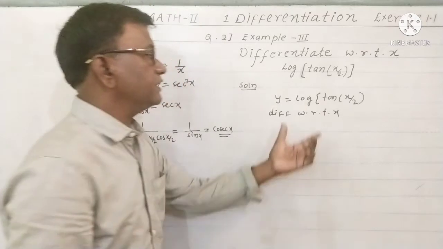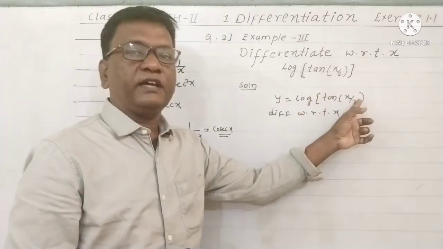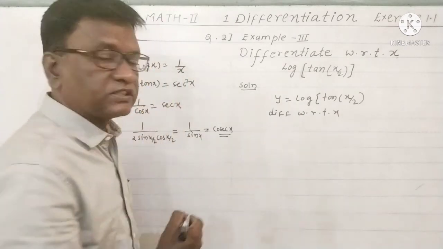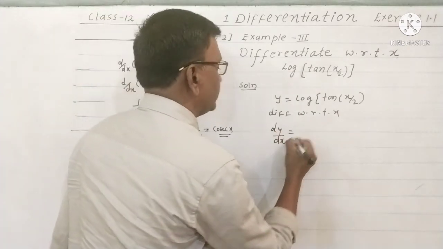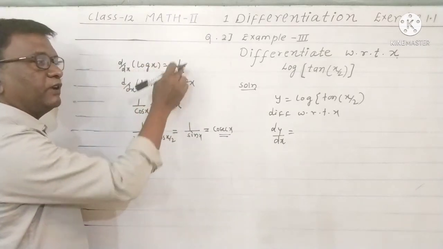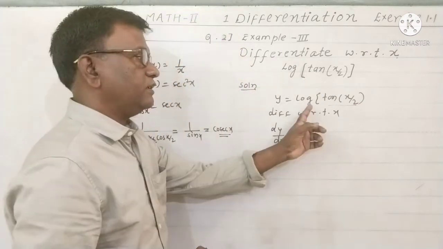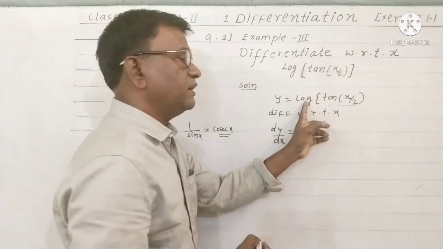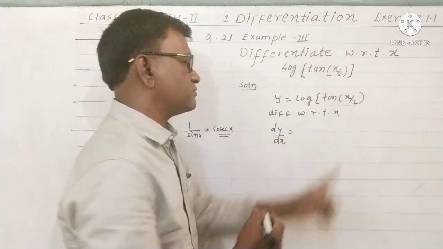This means we have to find the derivative of this function with respect to x, because it is a function of x. So the derivative of y with respect to x is dy by dx, and we know the formula for the derivative of log x is 1 by x. Consider this as x. By the formula, the derivative of log x is 1 by x. Instead of x, here is tan x by 2.